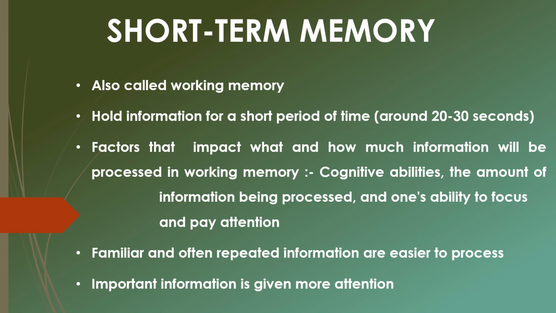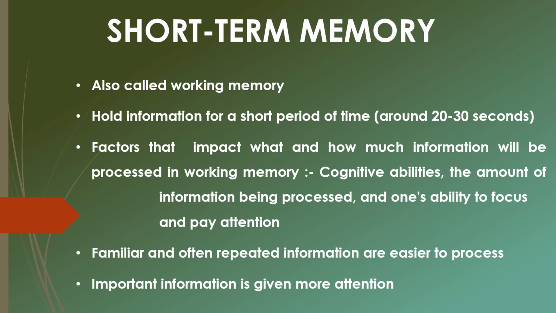The cognitive load capacity varies from person to person and from moment to moment. This is based on the individual's cognitive abilities, the amount of information being processed, and one's ability to focus and pay attention. So, several things influence the short-term memory.